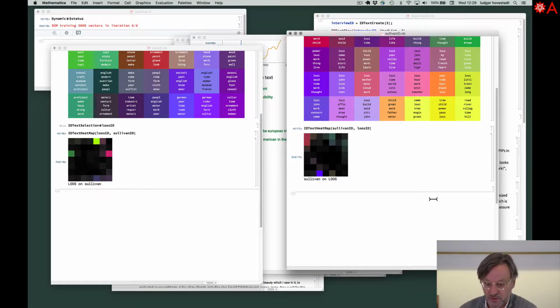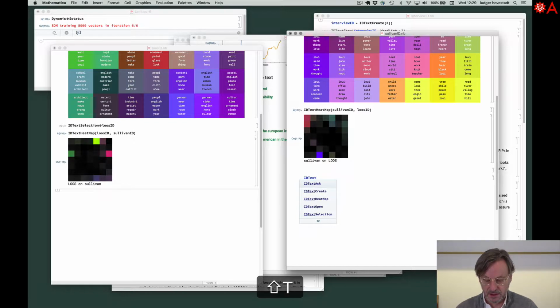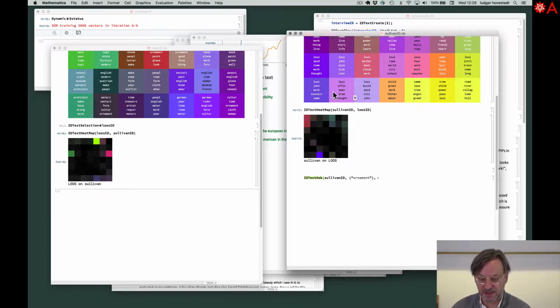Okay, now let's look at what Sullivan can talk about with Loos. For example, we can ask Sullivan about the concept of the ornament. So this will deliver a map like this.